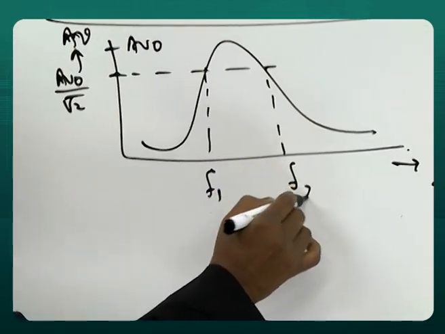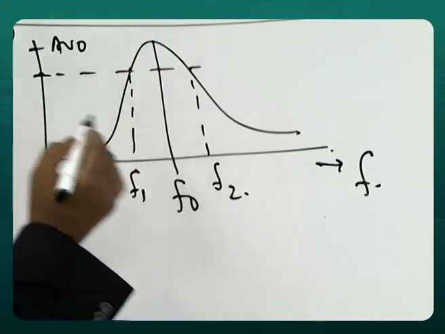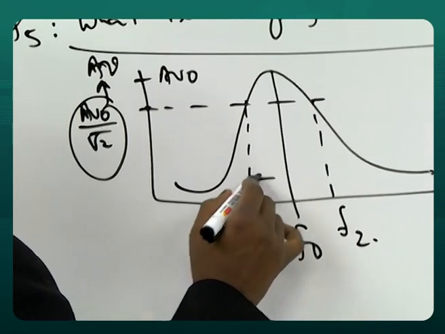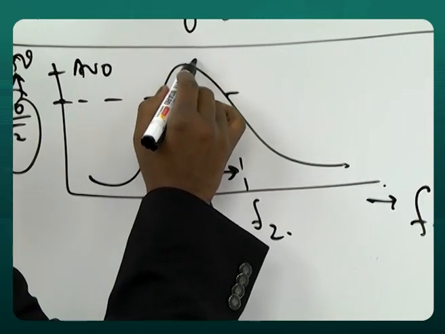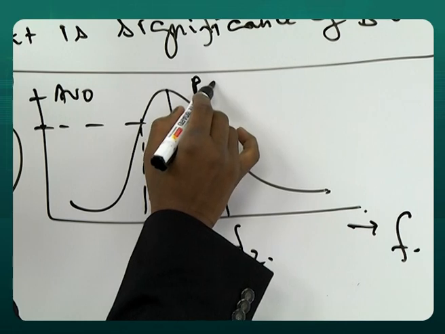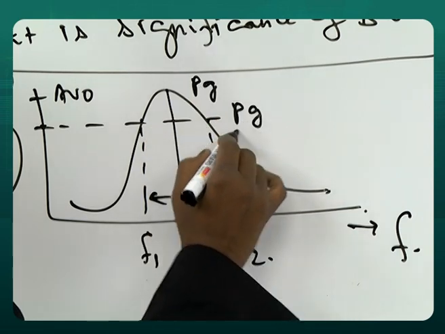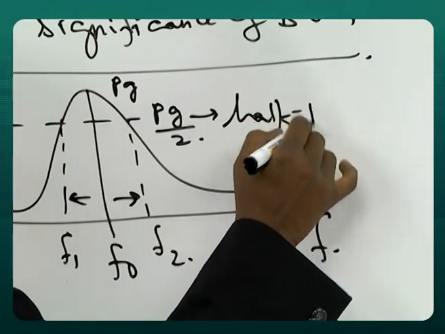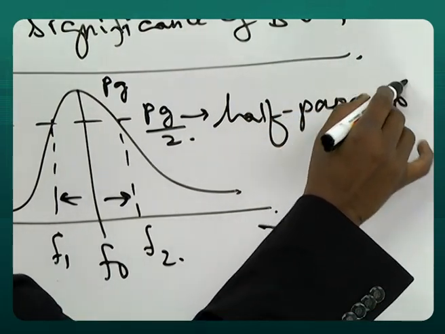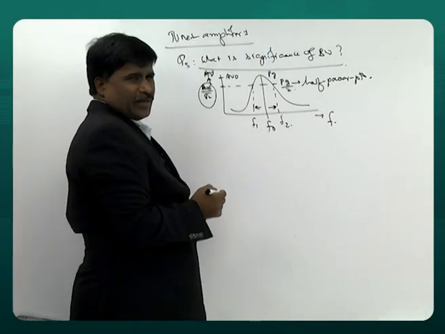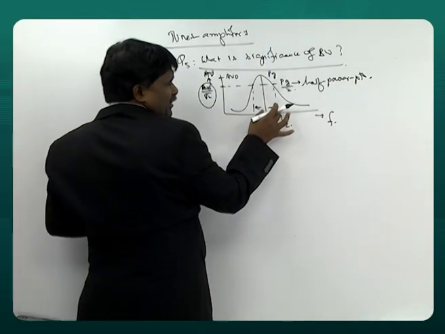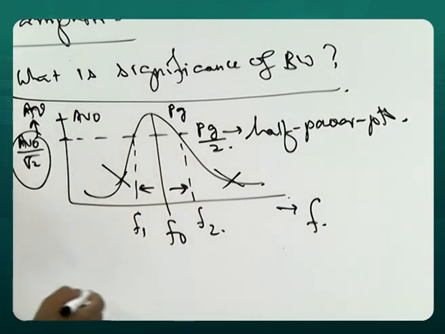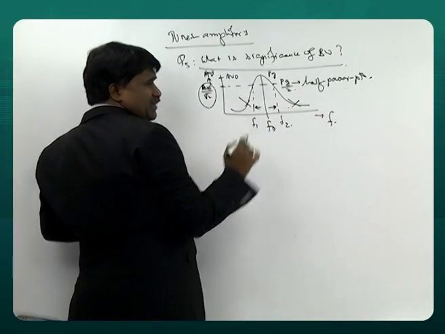F1, F2, F0. If this voltage gain by root 2 is bandwidth, if it is power, this is power gain. Power gain by 2. That's why it is called half power points. That means the bandwidth is very significant. Anything less than half power, we are cancelling it. You can use it for other purpose.